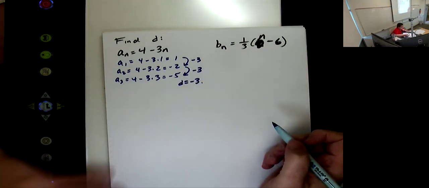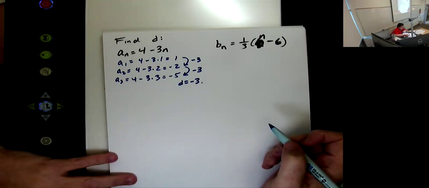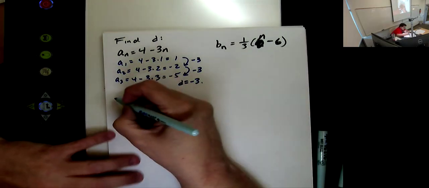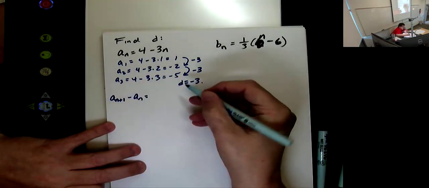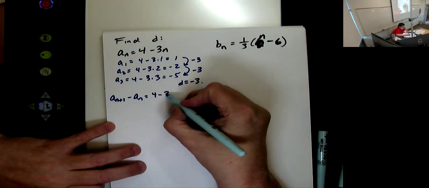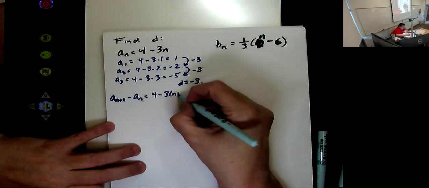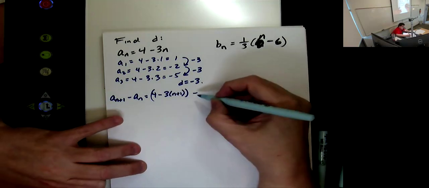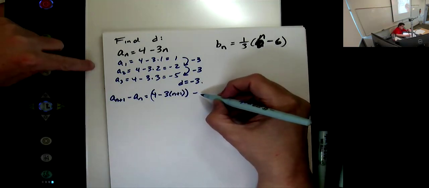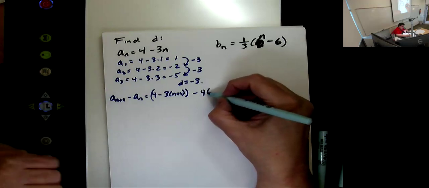Just write out a couple terms, you'll see it. Or you could do a sub n plus 1 minus a sub n. 4 minus 3 times n plus 1, minus 4 minus 3n.